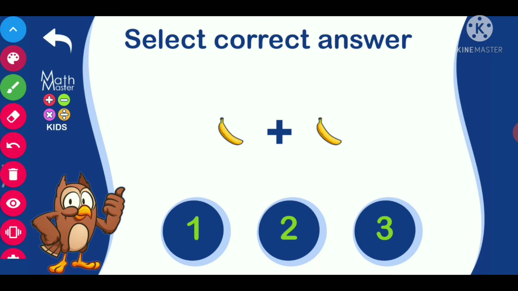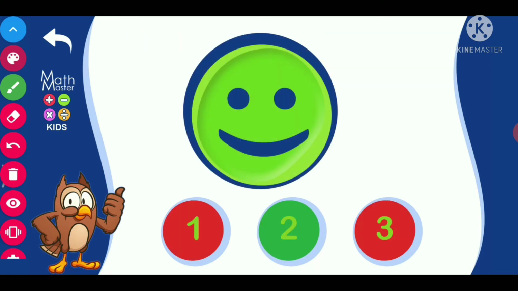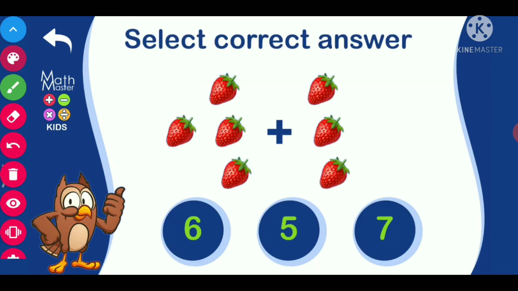So can you tell me how many bananas are there? 2. Very good. Okay. So this one you will tell me how many strawberries are there. You just count these strawberries, and you just tell me how many strawberries you will get here.